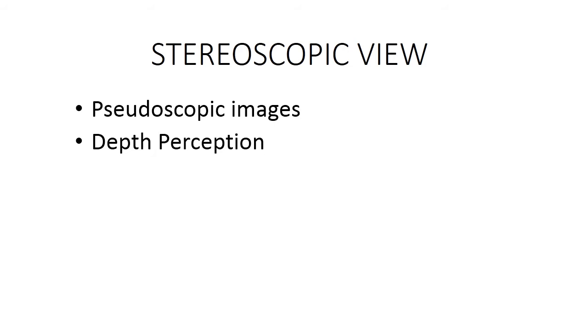The brain judges the depth of each overlapping identical object by associating the depth with the corresponding parallactic angles. In this way, depth perception is identified.